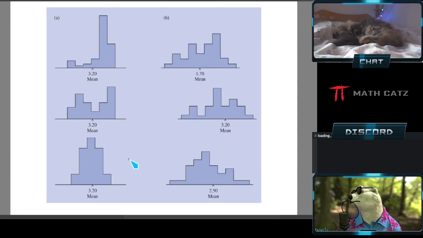But in order for me to effectively describe the distribution of scores, I need the mean and I need a measure of how scores sit around the mean, variability. How much do I expect in this first one? Yeah, there's a little bit of variability around the mean, not much.